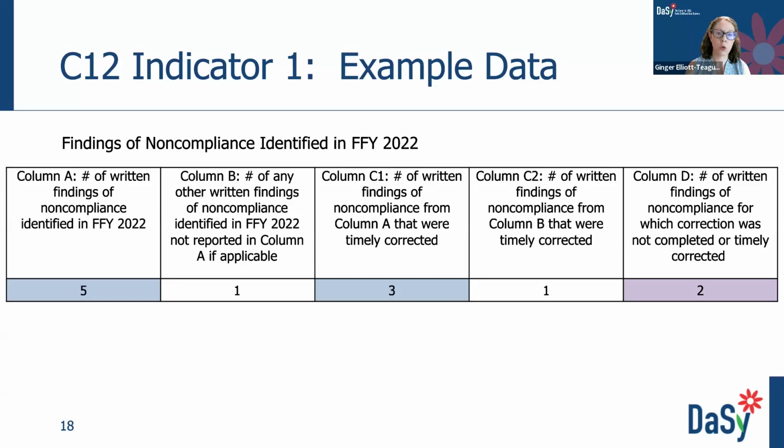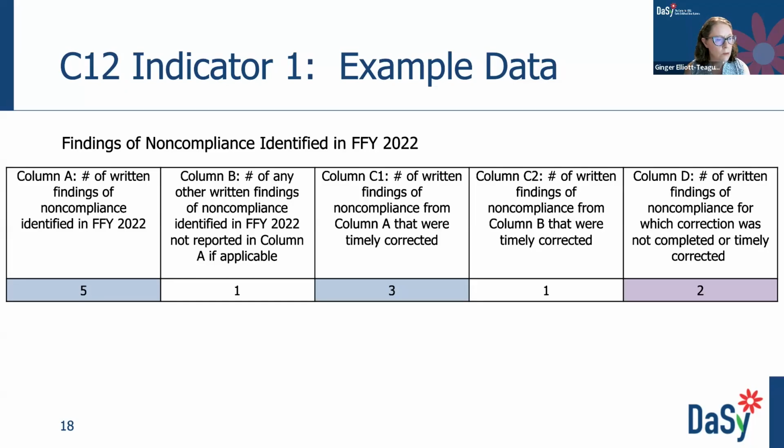Column C1 pulled from indicator 1, and they had reported that 3 of the 5 were timely corrected. In C2, they added another 1, saying that the finding in column B had been corrected timely. And so as Sharissa had gone through the calculation, 4 out of the 6 were corrected timely, and so 2 remained uncorrected. So these are the data that were in C12 for last year's APR.